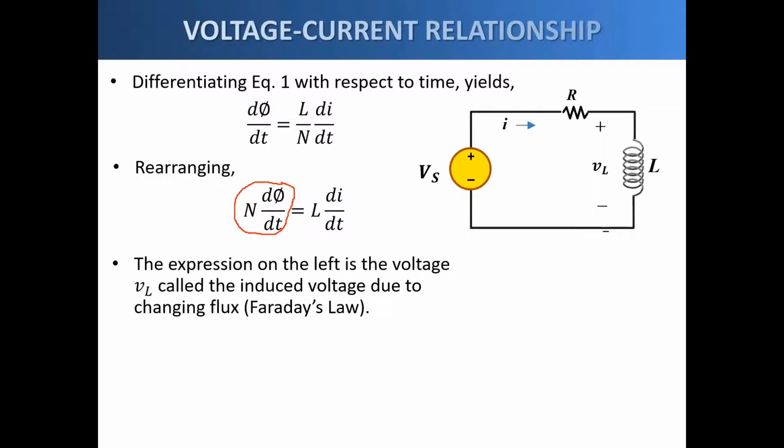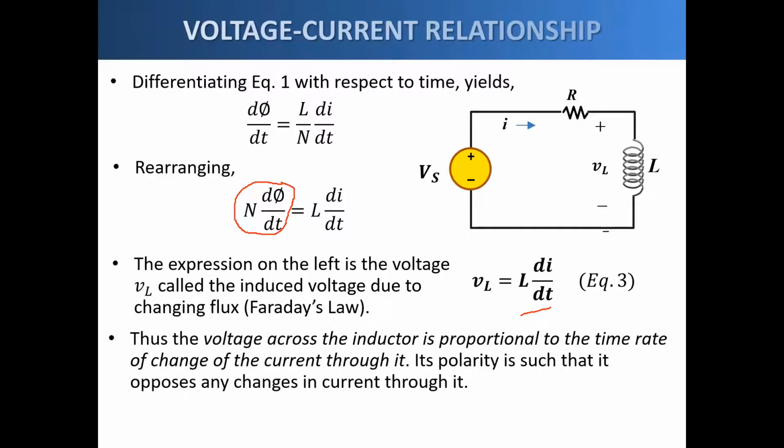We call that voltage an induced voltage, taken from Faraday's law. Thus, we have a very important relationship between the voltage of the inductor and the current that flows through the inductor, as shown by equation 3.